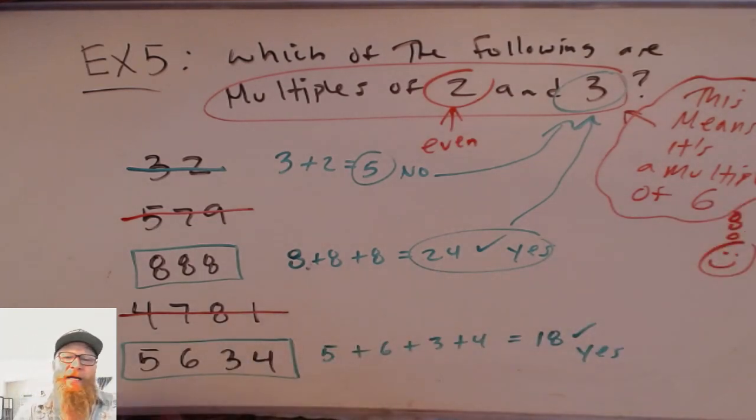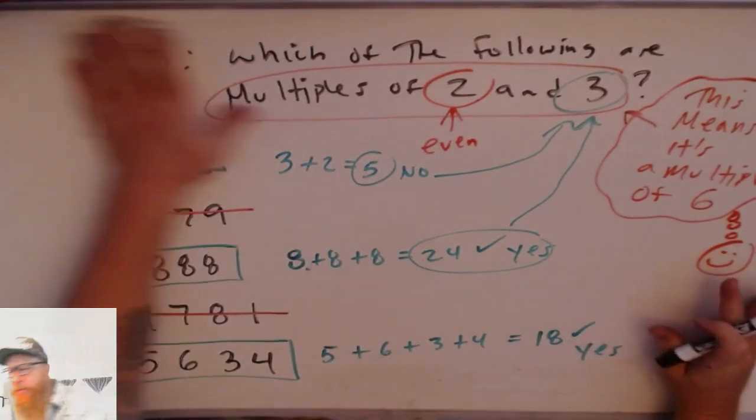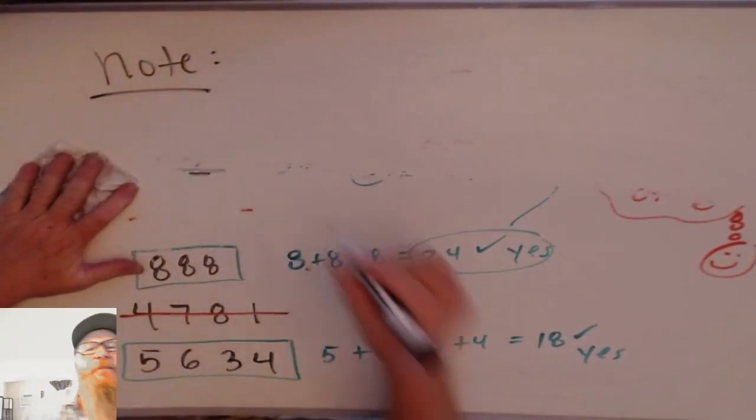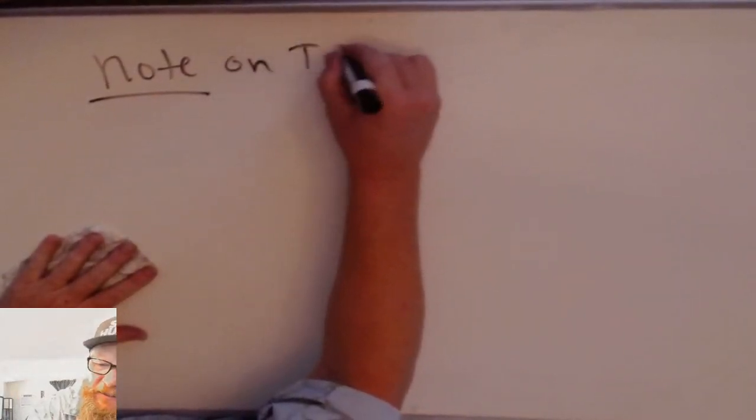You might have noticed as I'm talking about multiples, I keep saying divisible by. So, very important note on terminology.